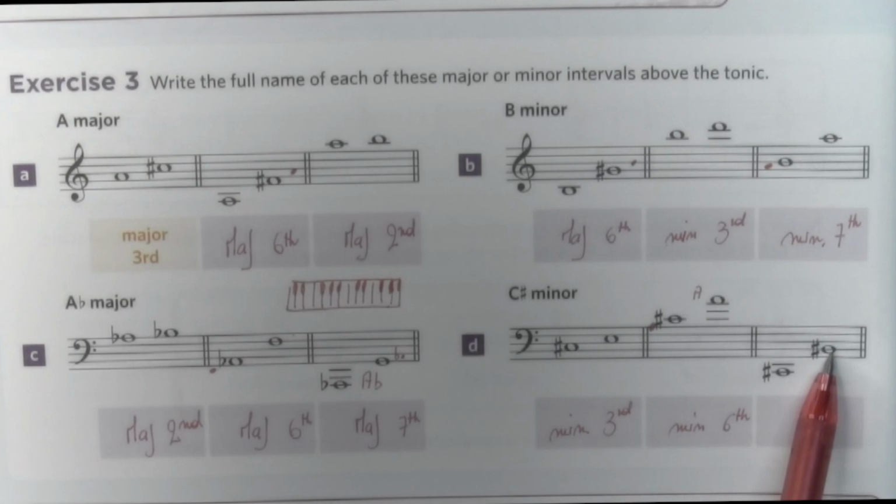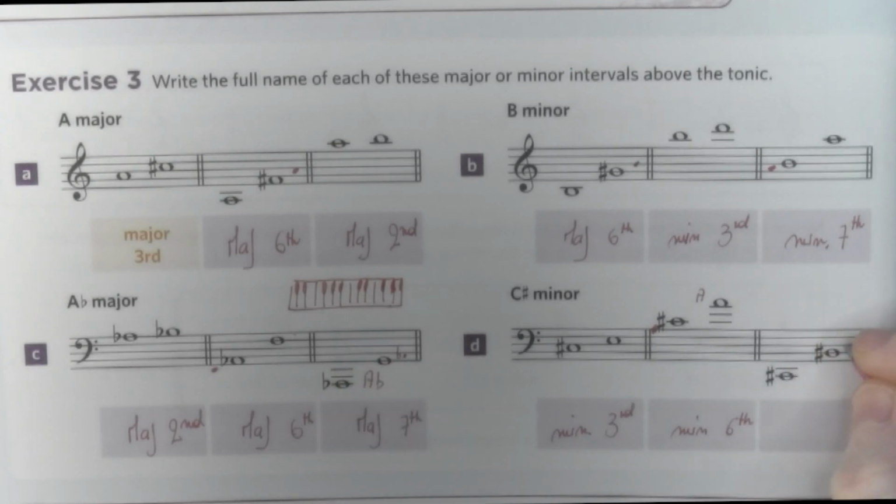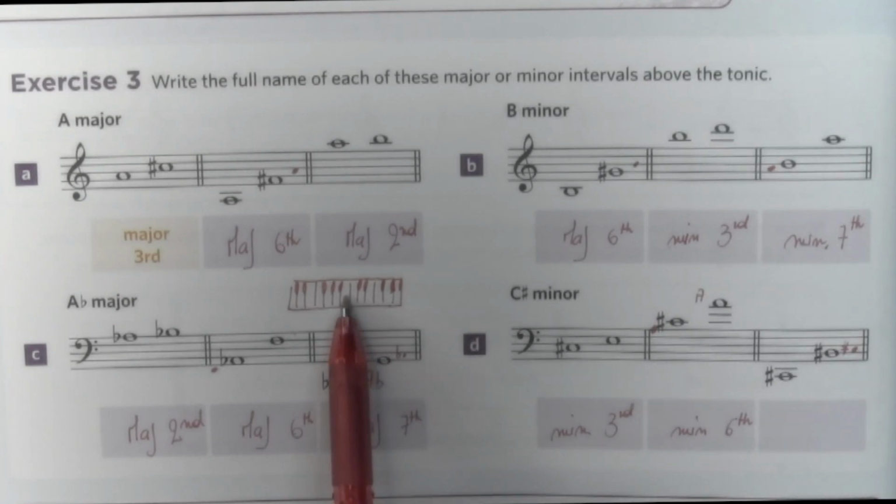So this is a minor sixth. Do sharp, B sharp. Let's flip it over. B sharp is Do basically. So Do, Do sharp, C sharp, Do sharp. It is a semitone.